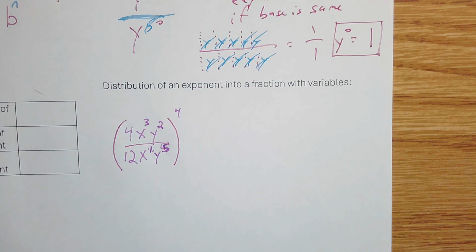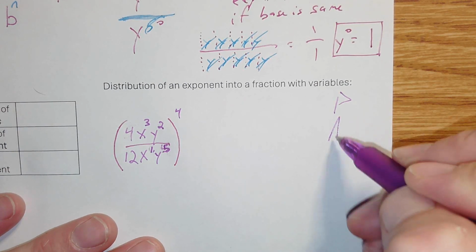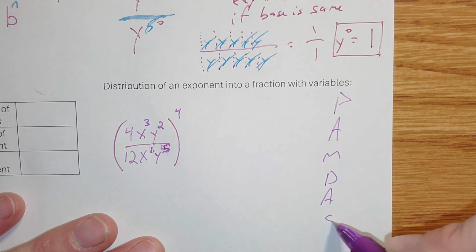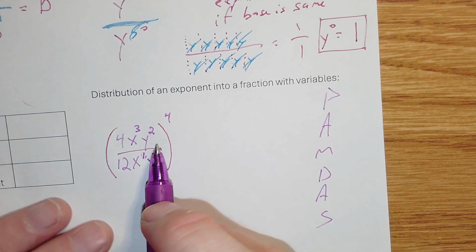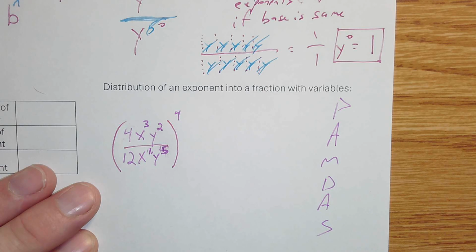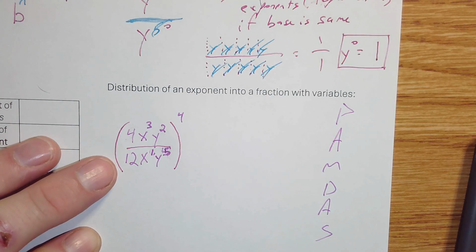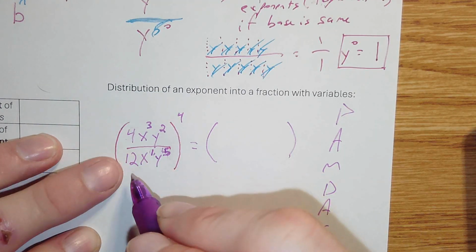Okay. Well, the first thing we need to do is remember our PEMDAS. Parentheses. Please excuse my dear Aunt Sally. Parentheses. It means we have to work inside the parentheses first. Okay, so first things first, we're going to reduce everything we can inside these parentheses. So this is going to be written as, well, 4/12.